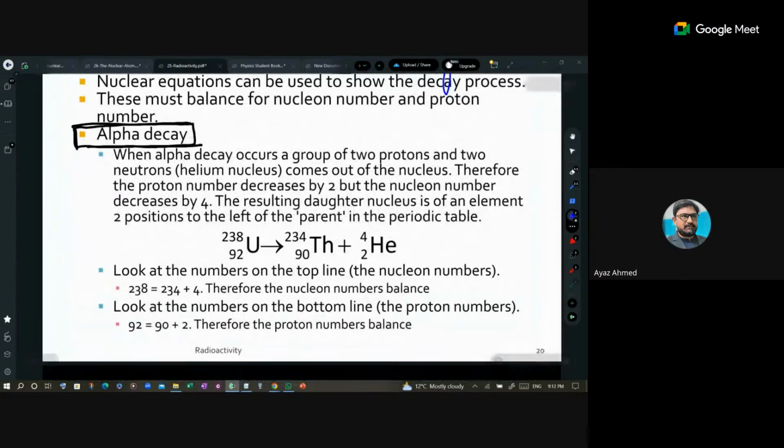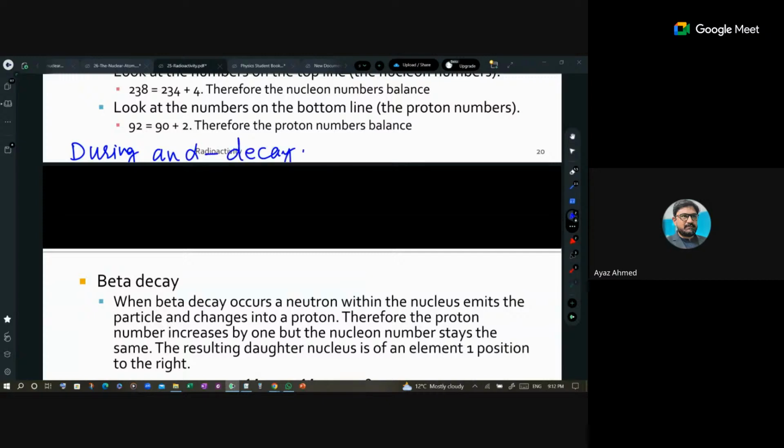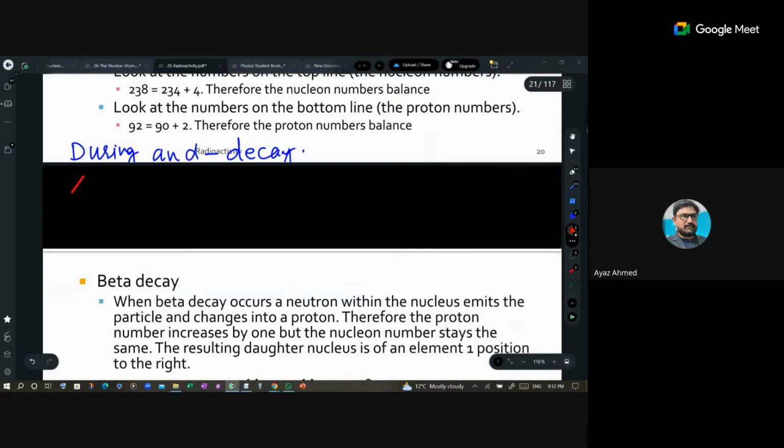During an alpha decay, there are 4 points you have to remember. What are those 4 points? During an alpha decay, your parent element is X, its proton number is Z and mass number is A, right?